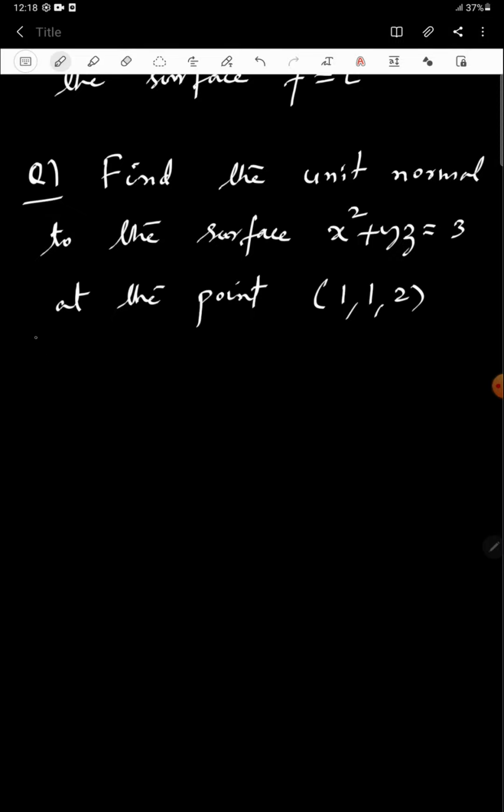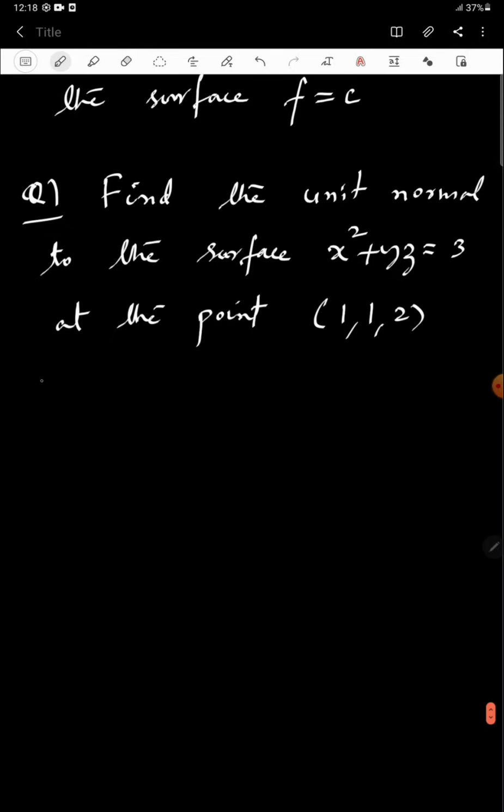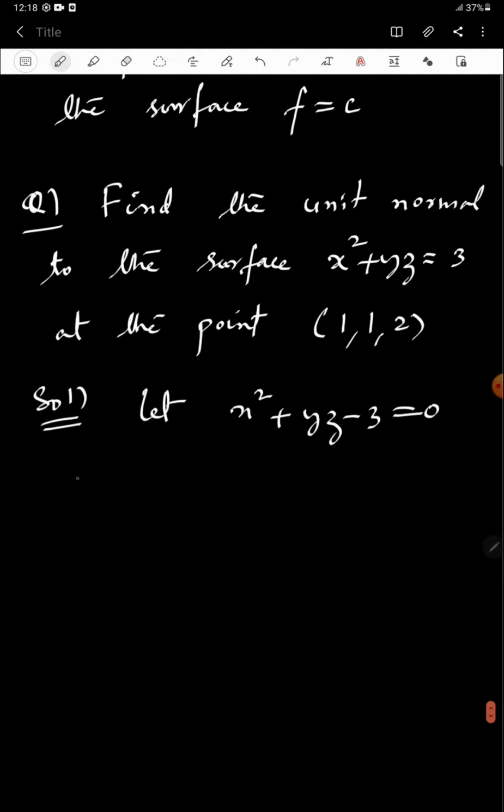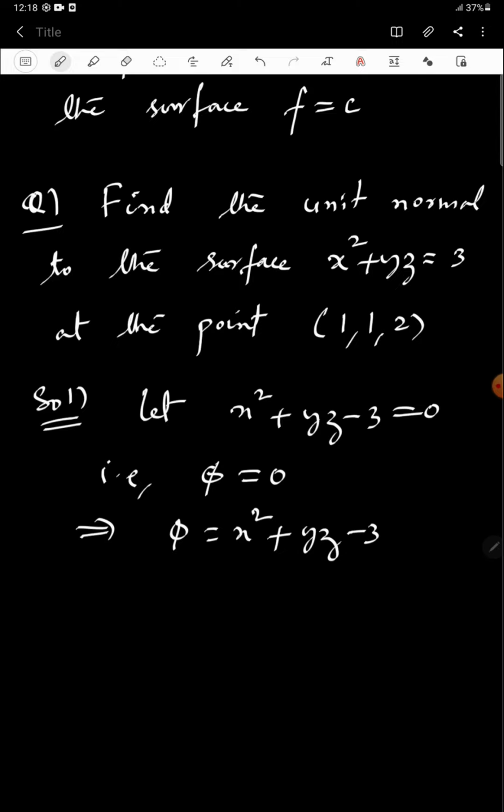So there are two steps. First step is finding the gradient. Let x square plus yz minus 3 equal to 0, that is phi equal to 0. This implies phi is x square plus yz minus 3.